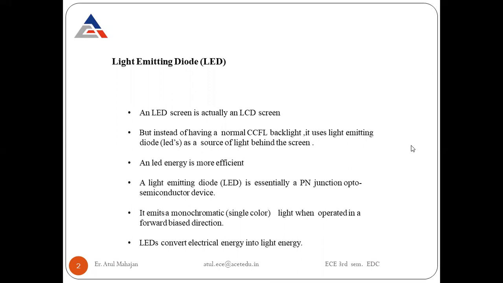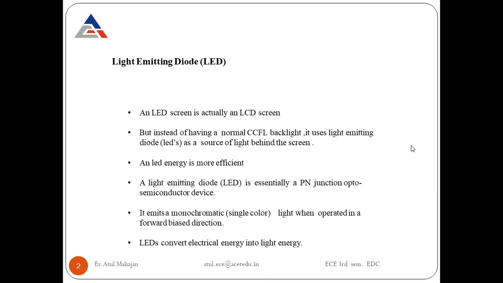So they are termed as optoelectronic devices. But normally when we talk about PN junction diodes, the output is in the form of electric current. But here the electric current that is produced by the recombination of electron and hole pairs produces the output in the form of light and heat.